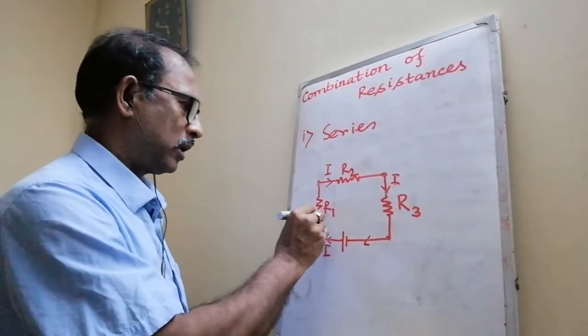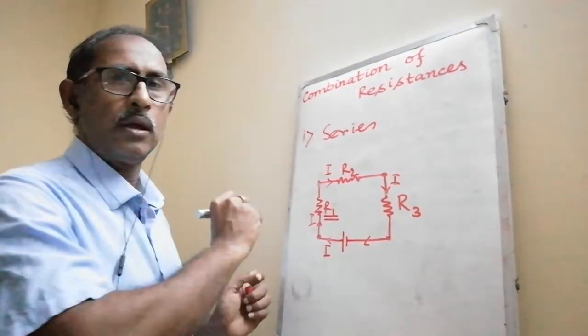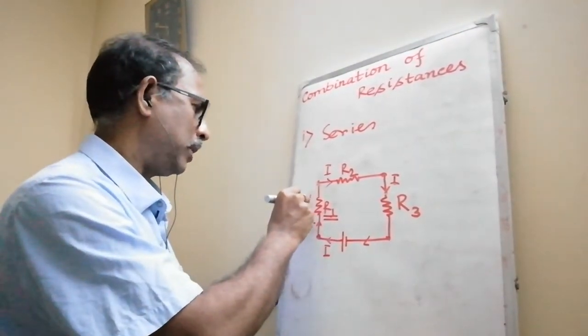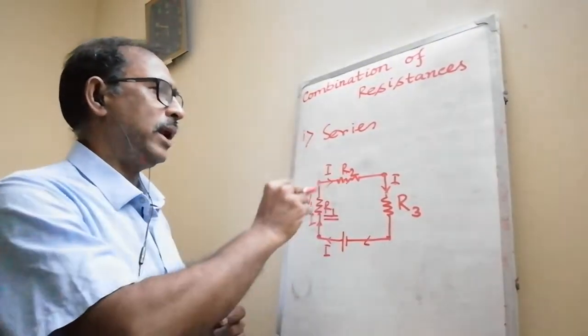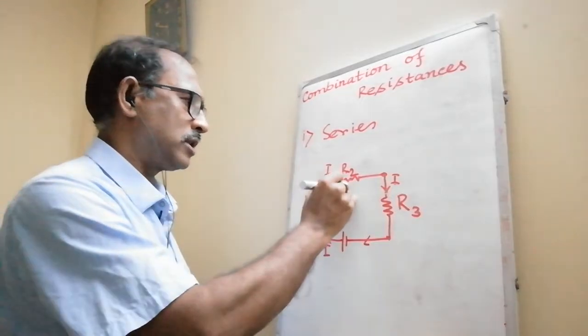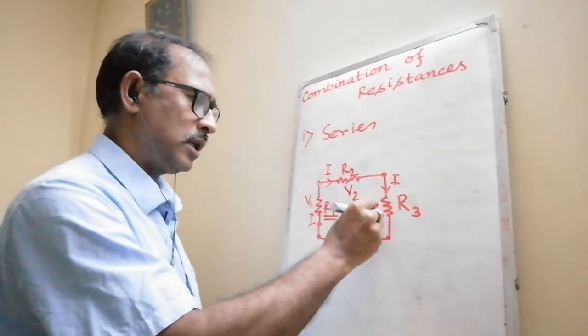Say for the first resistor, the potential difference across it is V1. The potential difference across the second resistor is V2, and across R3 it is V3.